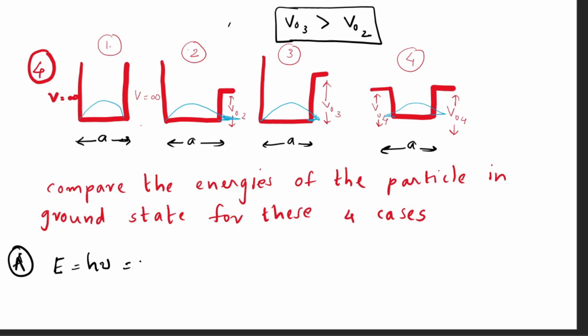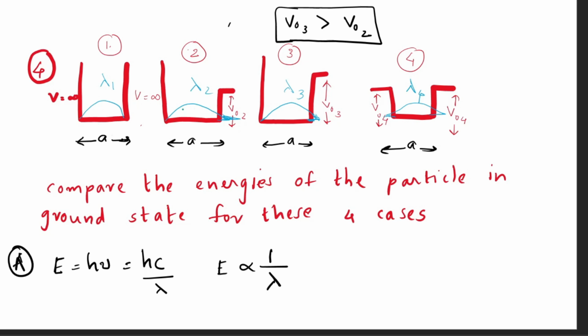So E is equal to h nu means we can write it like this, hc by lambda, which means the energy is inversely proportional to wavelength. We can take the wavelengths as lambda 1, lambda 2, lambda 3, lambda 4.